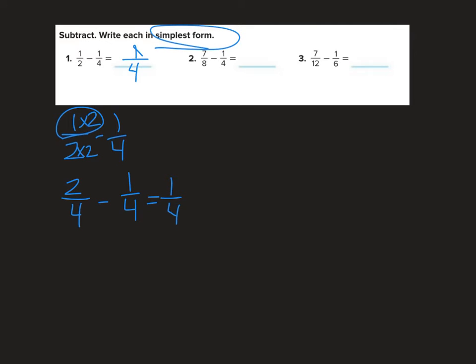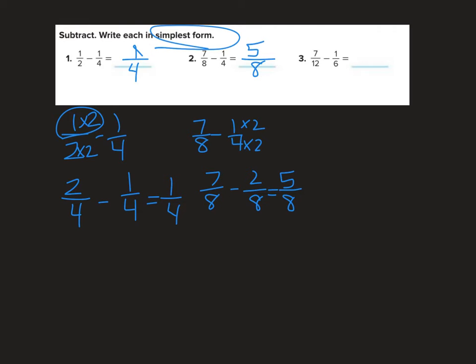Let's do the next one. 7/8 minus 1/4. I know that 4 goes into 8, so I'm going to multiply my second one by 2. So then I'll get 7/8 minus 2/8, which would equal 5/8. And that is in its simplest form. So 5/8 is going to be my answer.